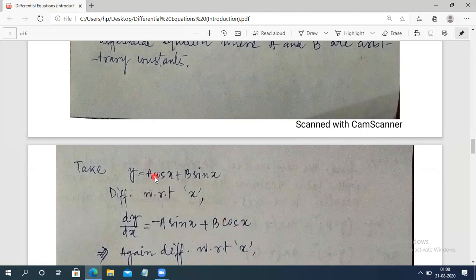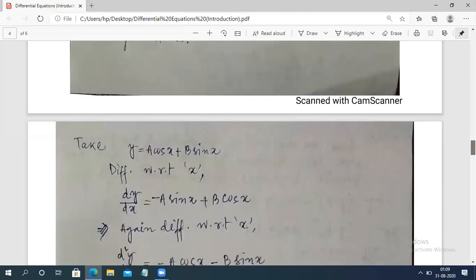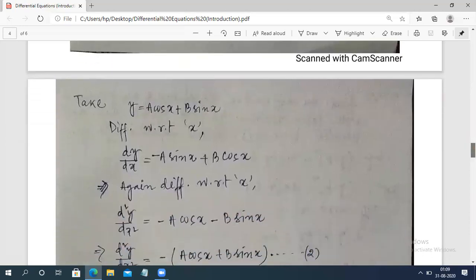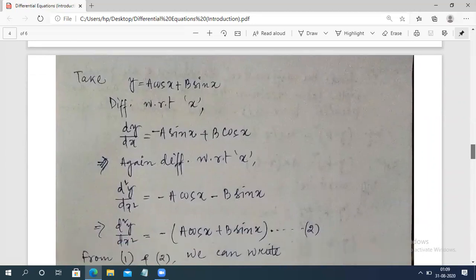Since there are two arbitrary constants present in this equation, a and b, you have to differentiate it again. The number of arbitrary constants present in the equation determines the order of the differential equation. That means we have to differentiate it twice.